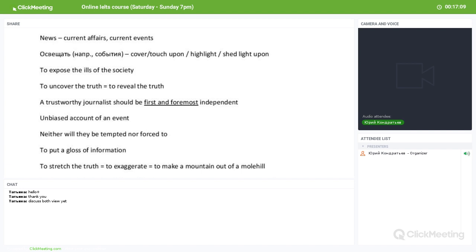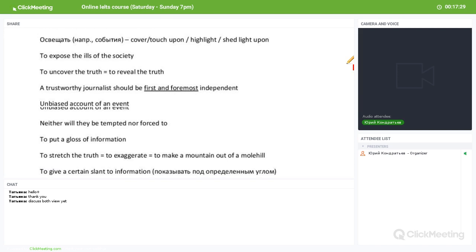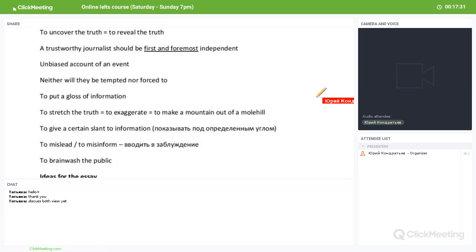When there is a bias in the way you present or highlight events, then it means you're subjective. And neither will they be tempted nor forced to, for example, put a gloss on information, or give a certain slant to information.